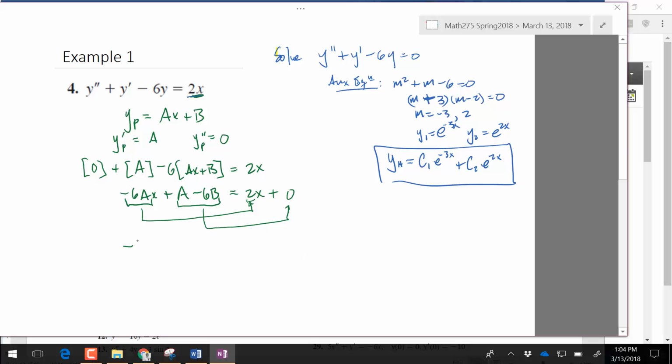I think I have minus 6a is equal to 2, and a minus 6b is equal to 0. Is that right? I hope.